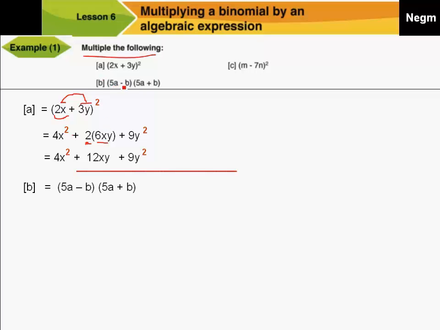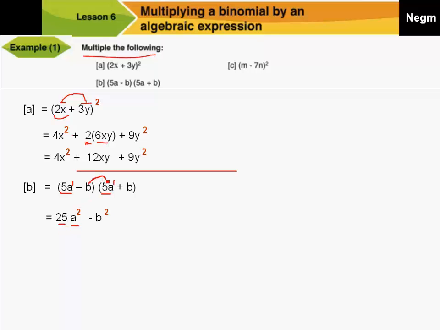B, we have 5a minus b times 5a plus b. In this case, we multiply 5a times 5a, which is equal to 25a squared. We know a to power 1 times a to power 1 is equal to a to power 1 plus 1, which is a to power 2. So 5a times 5a is 25a squared.